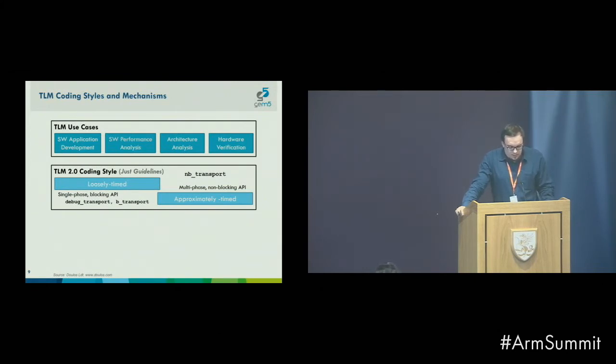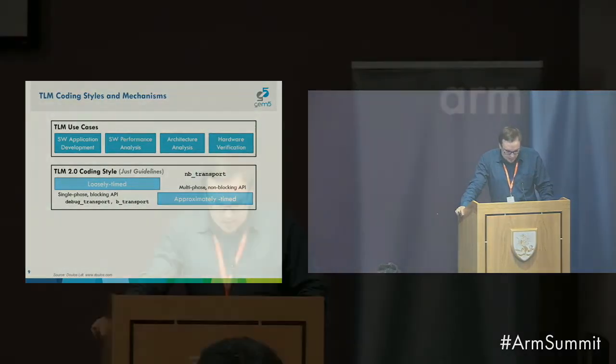One is loosely timed, and there it's using the idea of debug transport and blocking transport. Debug transport is basically what you have in Gem5, what you call functional. And blocking is what you call atomic. On the right side, you have the non-blocking transport, which is very similar to the timing access in Gem5.